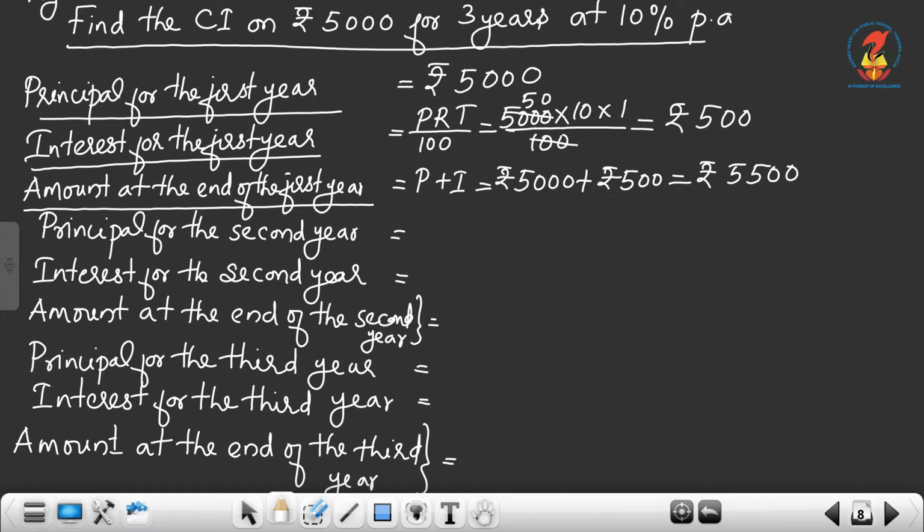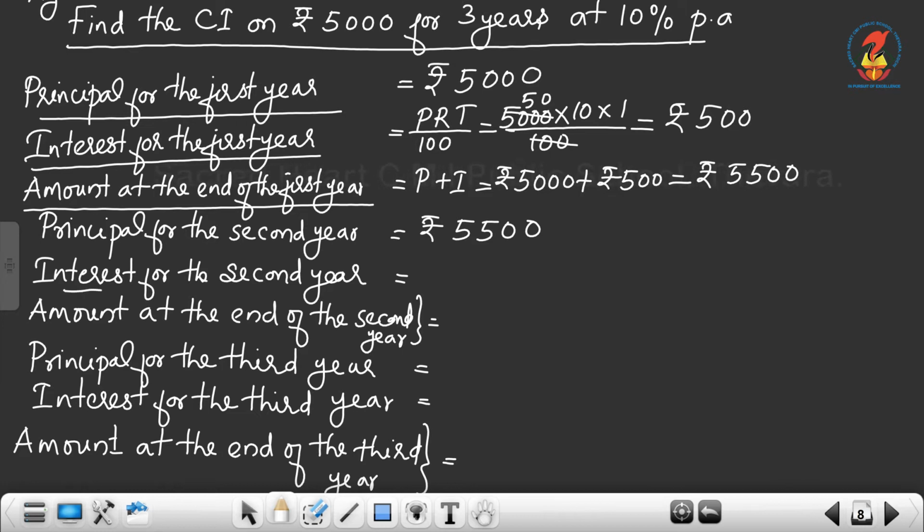The principal for the second year is the amount at the end of the first year, rupees 5,500. So here the principal changes.